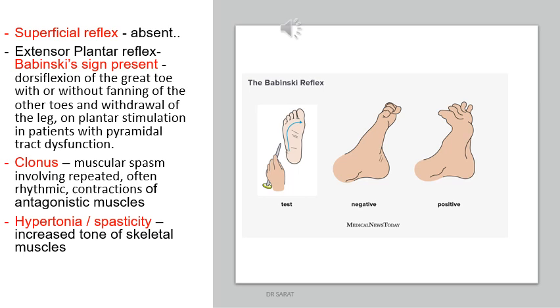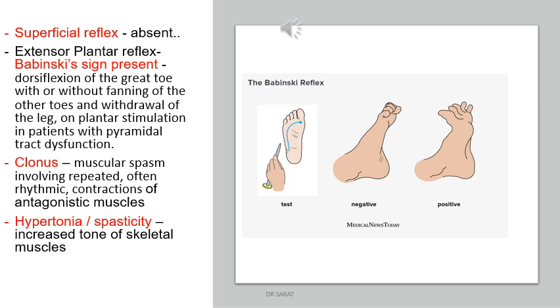So you can see when you are stroking your sole with a pointed object in the direction shown, laterally down from the sole to the big toe, you can see there is a dorsiflexion of the great toe with or without fanning of the other toes, and withdrawal of the leg.